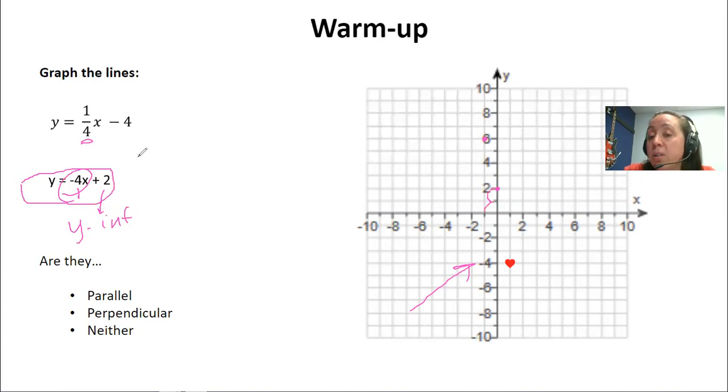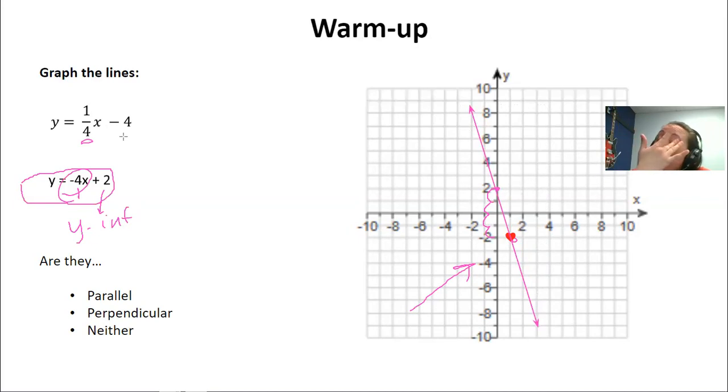So 1, 2, 3, 4, and then right 1. So we're right there. And then we connect those lines. It's not terribly accurate, but we'll go with it. There we go. Cool. So that would be the second one.